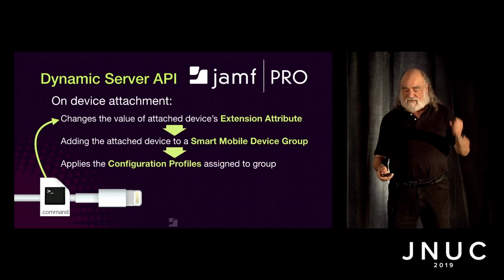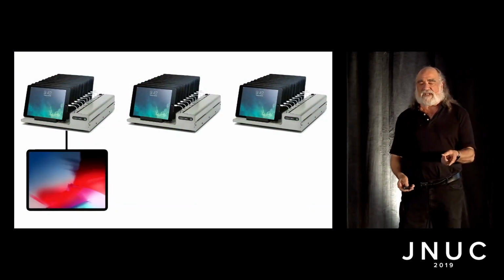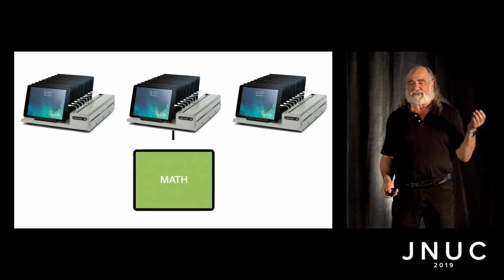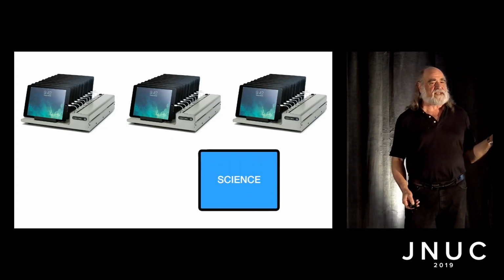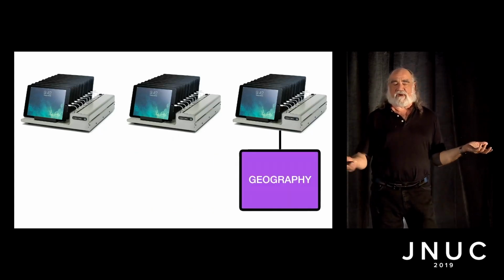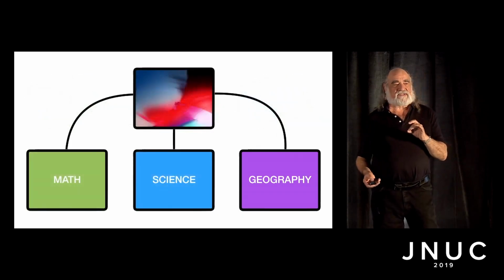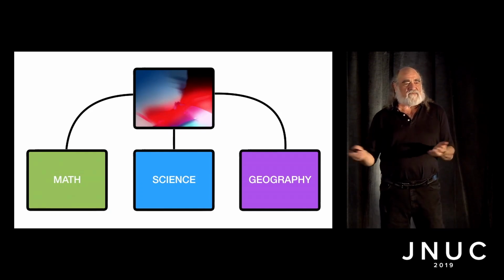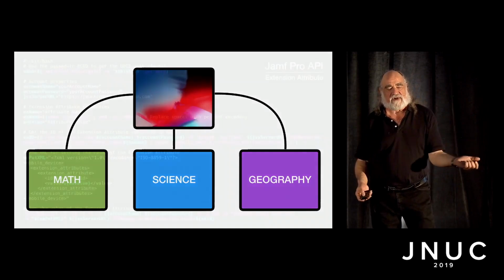So you can have it so that the cart does nothing more than charge the device, but when it's plugged in, it becomes ready for a certain class, like math class. Move it to another cart, and it will automatically prepare itself for the science class. Or you move it, and it becomes prepared for the geography class. So one device using this dynamic server API can be used and formatted in a variety of ways by just attaching it to a cart.